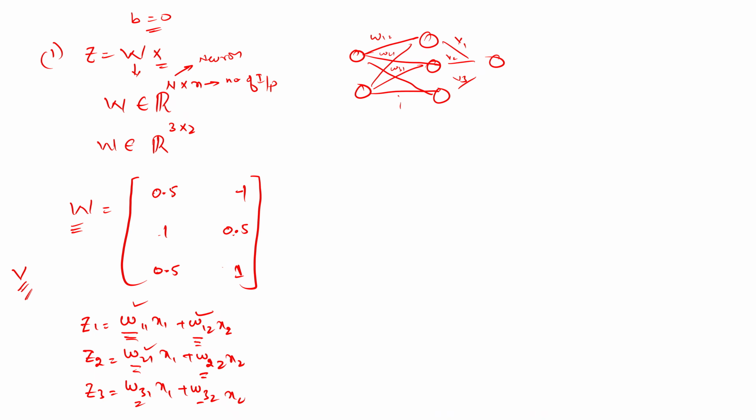Okay, so what happens after this is that we obtain z is equal to the matrix 0.5, -1, 1, 0.5, 0.5, 1, and I have the x vector which I calculated earlier, which will be constant throughout the neural network.